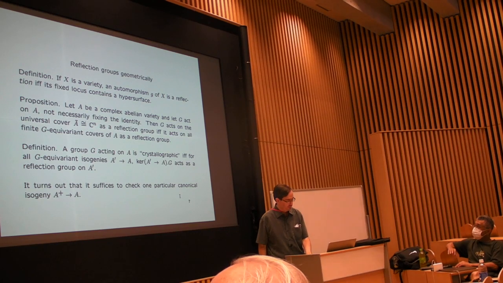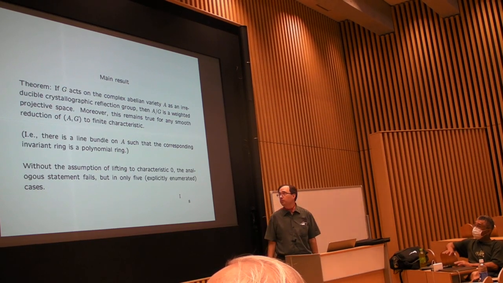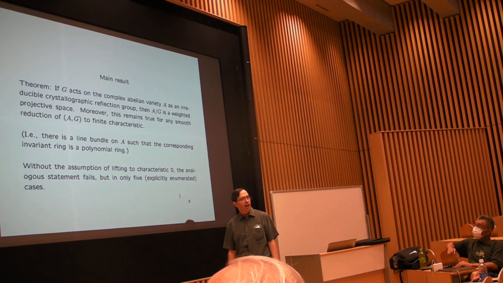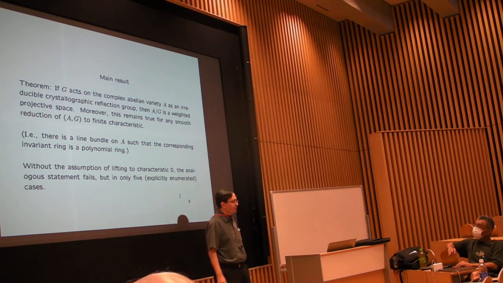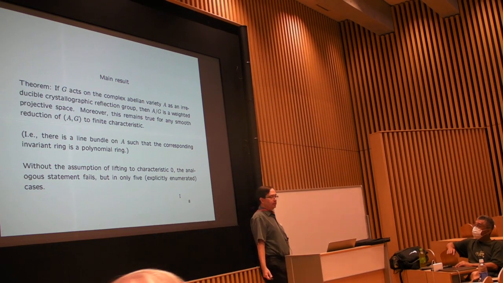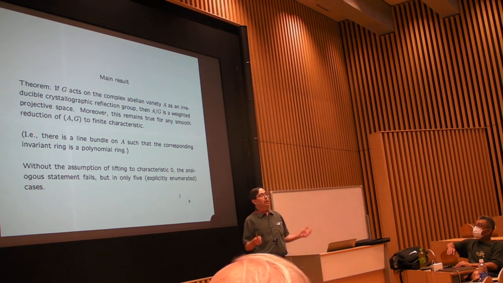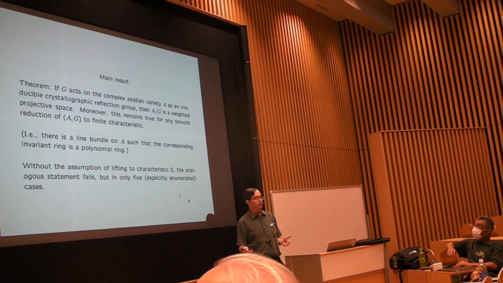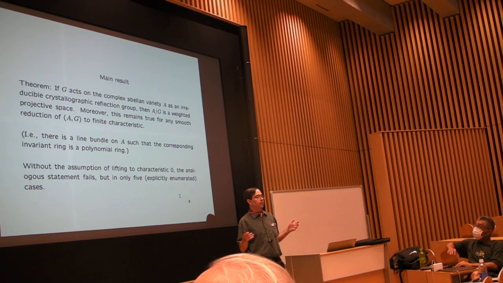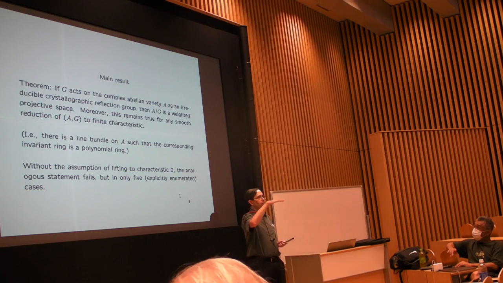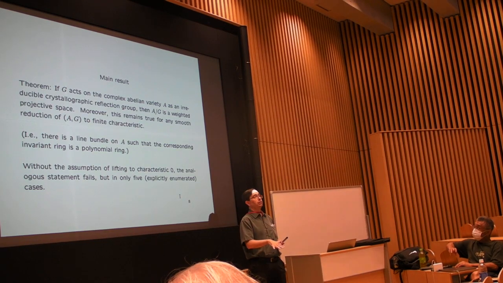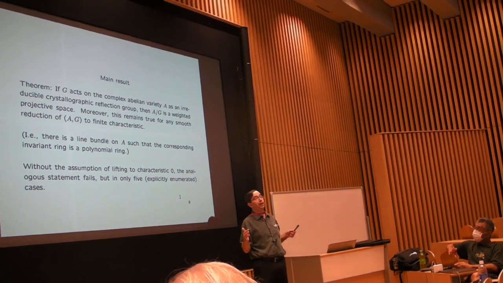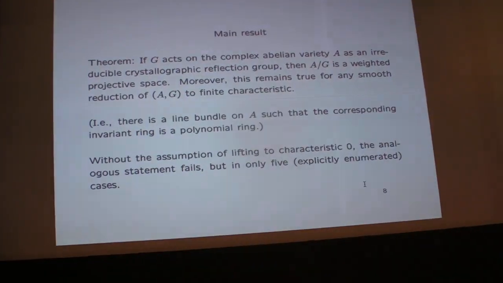Okay. So then the main result, I'll give the complex version where there aren't annoying counterexamples. If the group acts on the complex abelian variety as an irreducible crystallographic reflection group, then the quotient is a weighted projective space. Moreover, as long as your abelian variety has good reduction to characteristic p, even if p divides the order of G, this is going to remain true for the reduction.